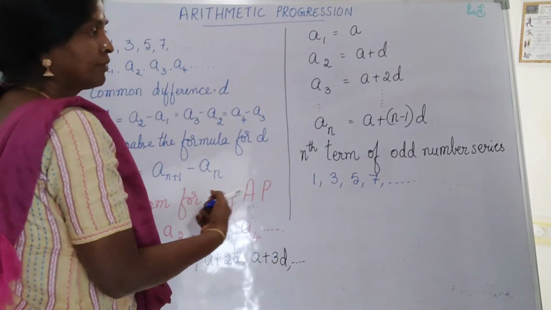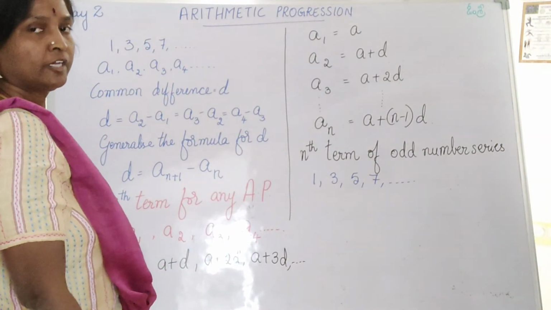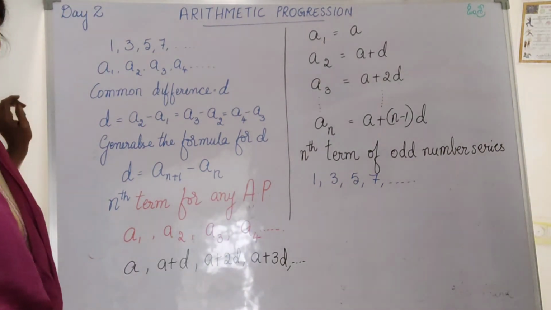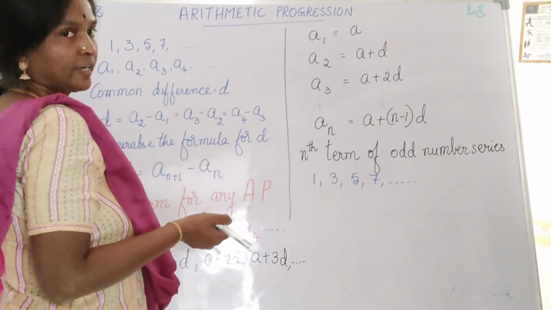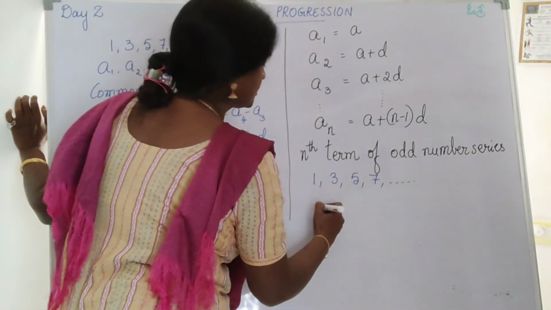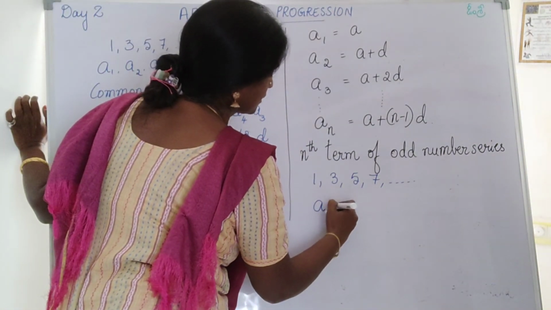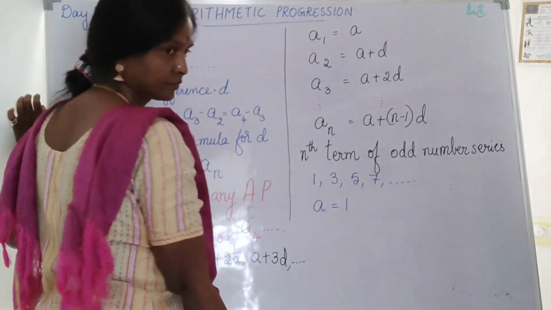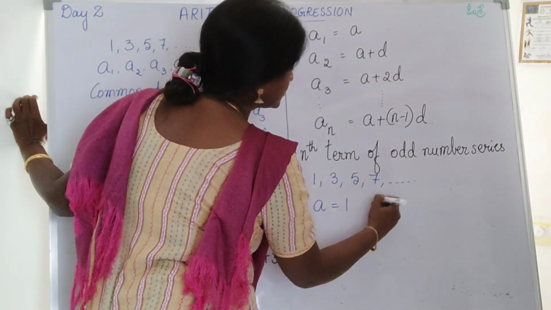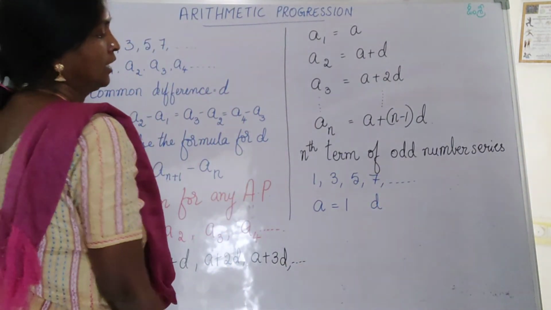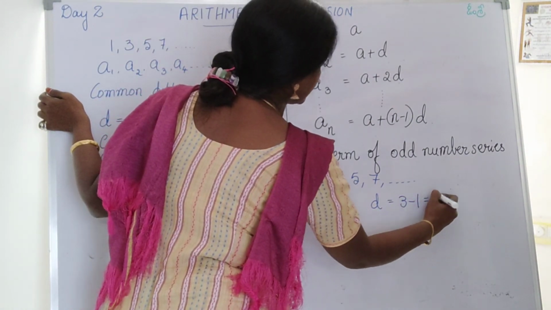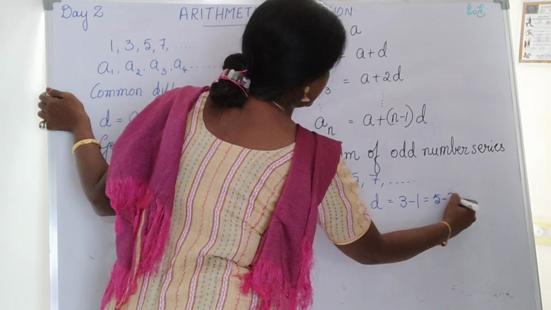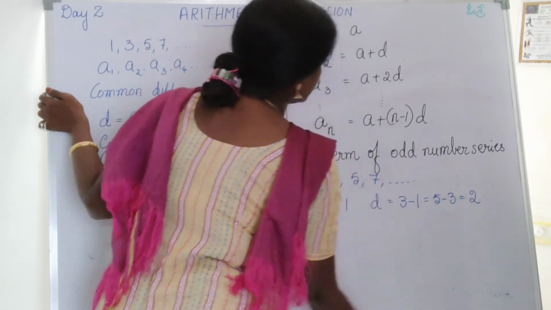So here first what do we need to identify? We need to identify the first term and the common difference. So we find the first term as 1. How do you get the common difference for this odd number series? Yes, it is 3 minus 1, which is again equal to 5 minus 3, which will always be equal to 2.